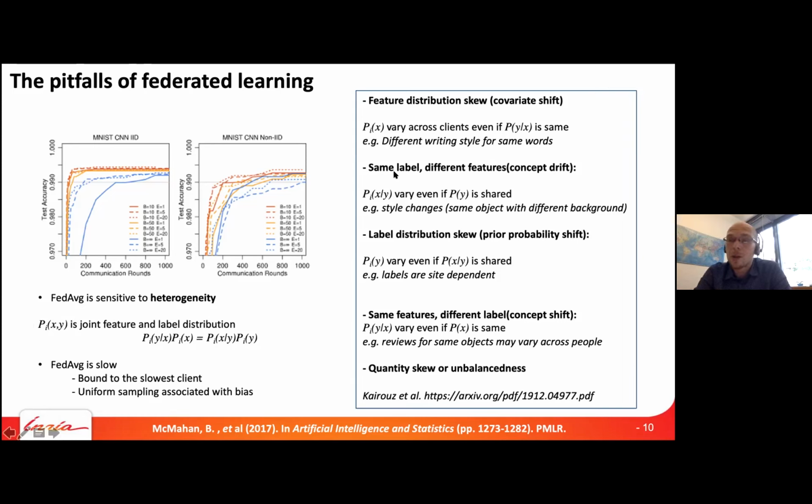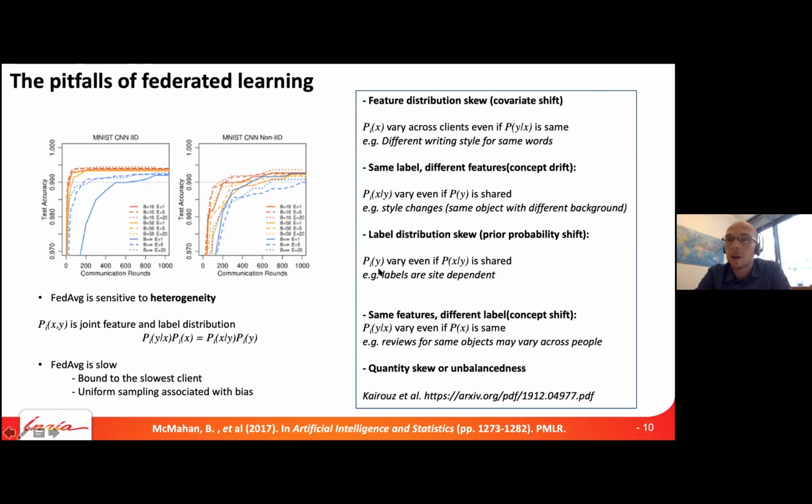Then the conditional of the features given the label could be different. This is a style change: same object, a car, but different backgrounds, for example snow, or the countryside, and so on. And then a very classical problem, which is label distribution skew, so labels that are site dependent.